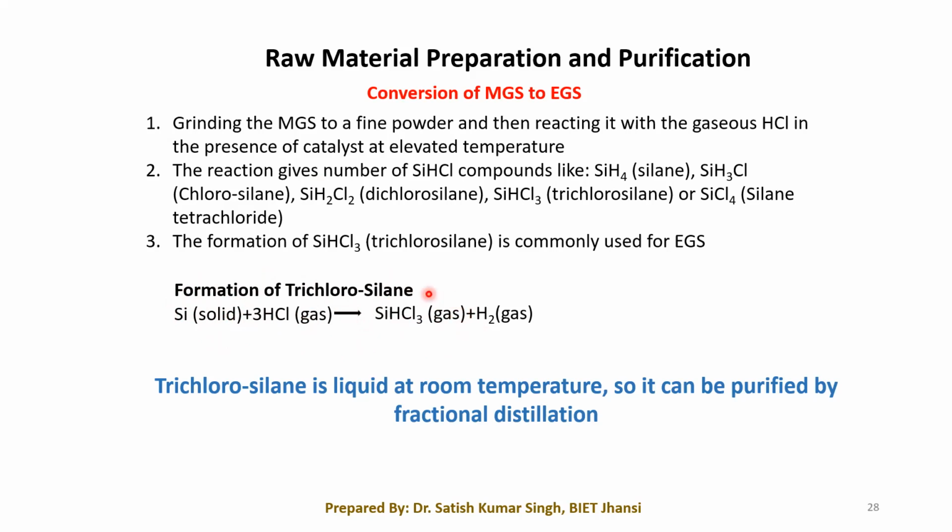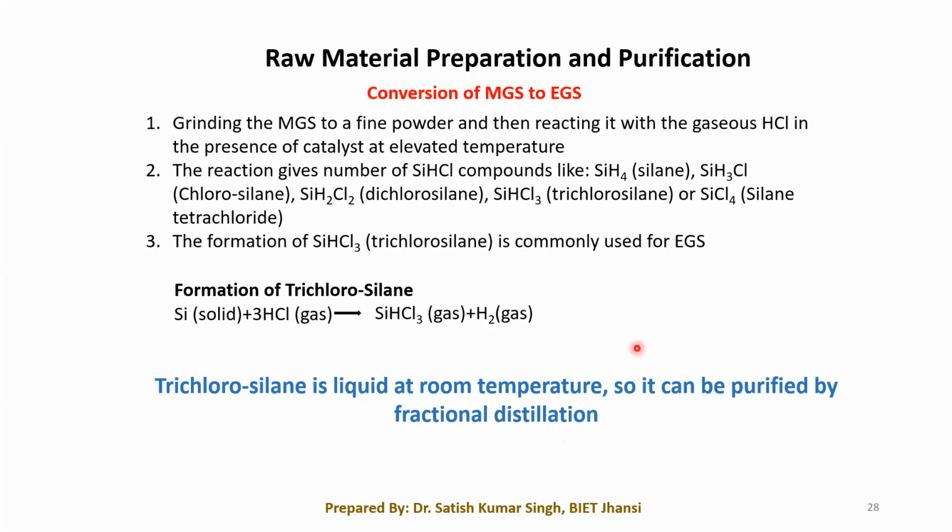When the temperature goes down, it is converted back to a liquid. So what is the point? The point is that trichlorosilane is a liquid at room temperature. The advantage of having this liquid is that we can go for the fractional distillation process. We need to remove impurities like aluminum and iron, and this can be done by fractional distillation.